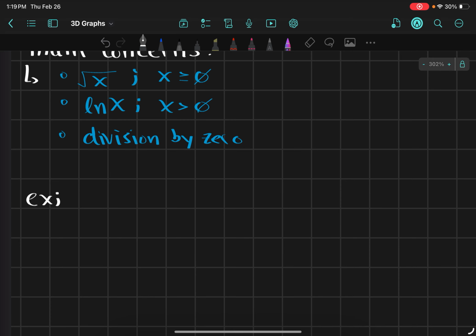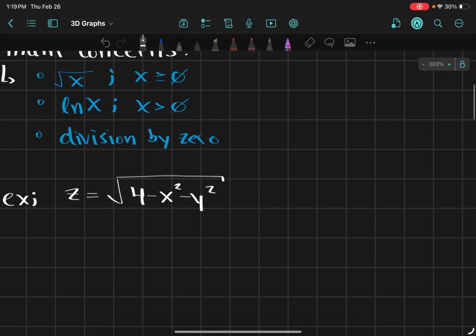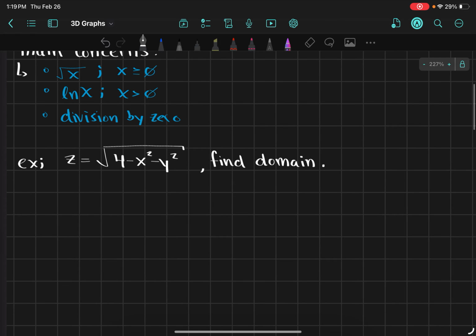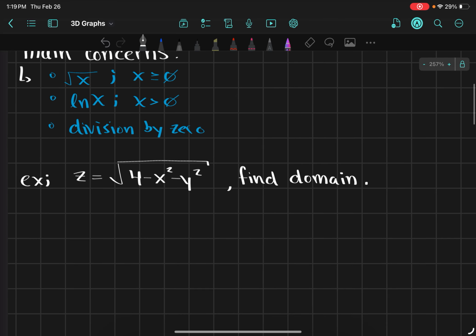So let's just say we have some value, z is equal to the square root of 4 minus x squared minus y squared. We want to find the domain. So like I said, in order to do this, we essentially have this function within the square root here.